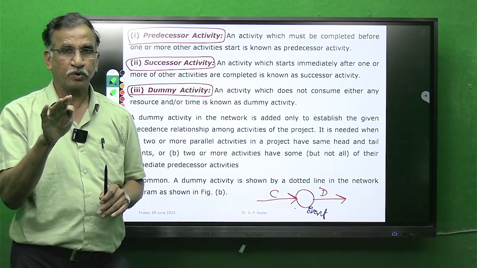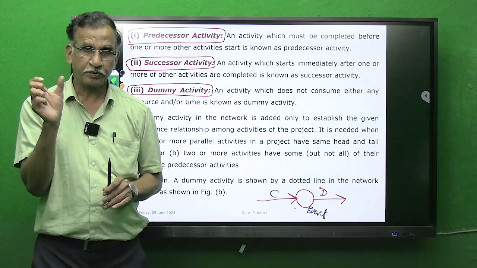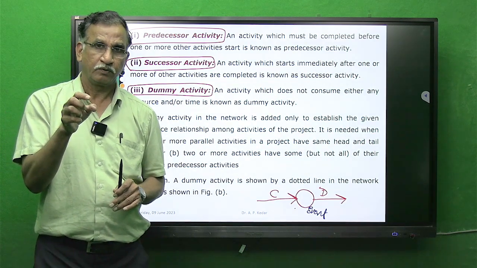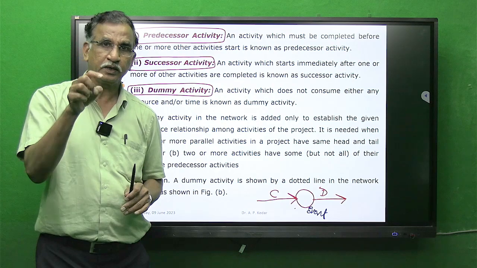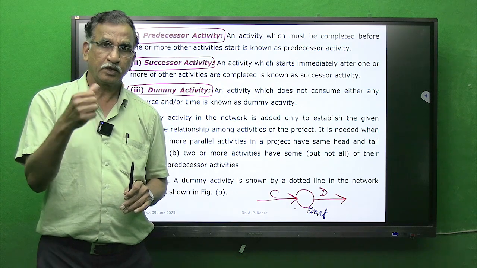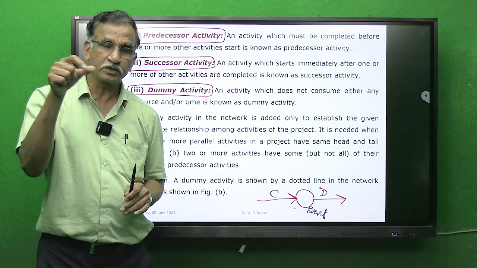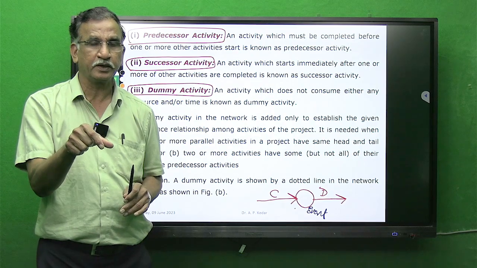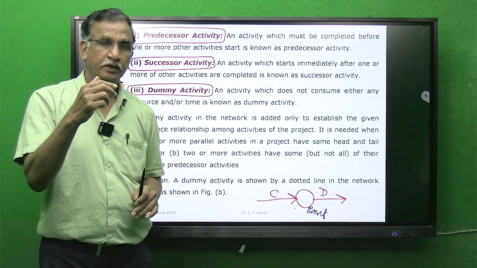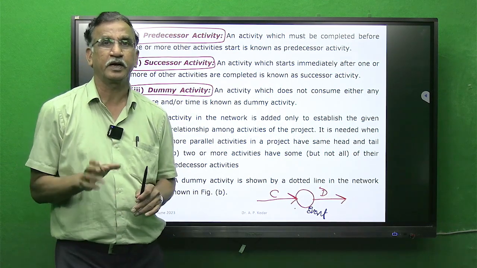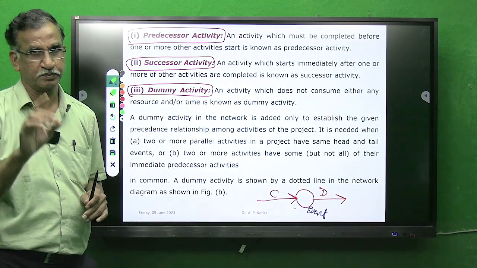The terminating point for the predecessor activity will be ending in the event. If the predecessor activity is completed, that event is completed. Once the event is completed, the successor activity can start. One aspect.